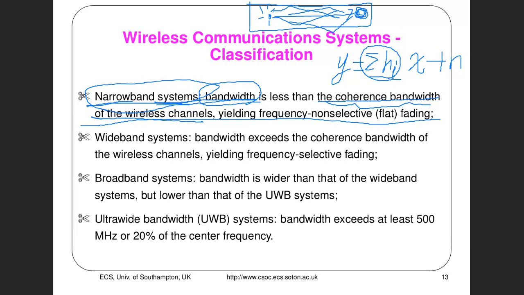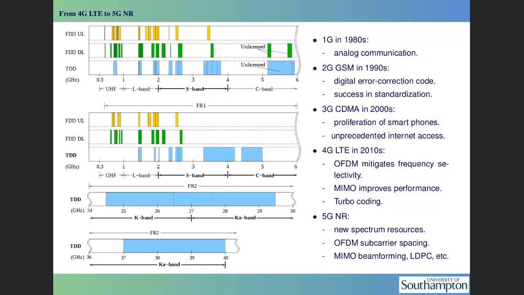So your question is, how can a channel have a bandwidth? The coherent bandwidth is defined as a collection of frequencies. Signals are transmitted over a frequency band.